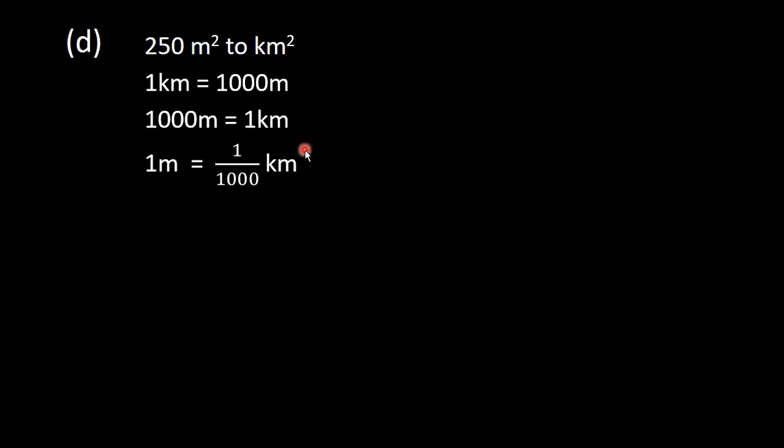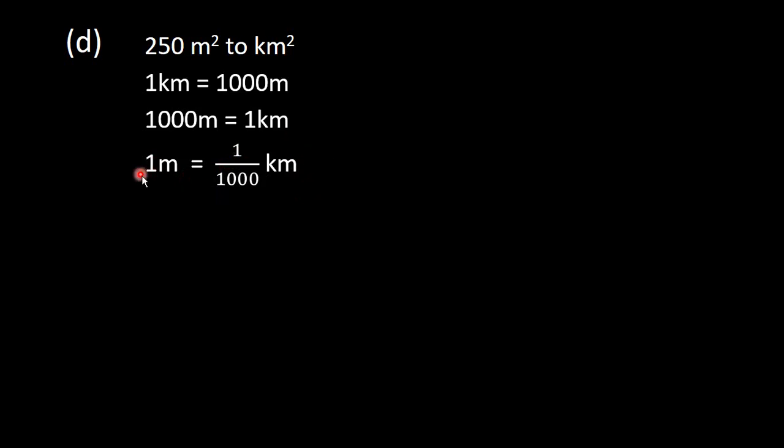So please don't confuse that. 1 kilometer is equivalent to 1,000 meters because kilometer is a bigger unit compared to meters, but 1 meter is equivalent to 1 over 1,000 kilometers. So you need to note that and know how that comes about.